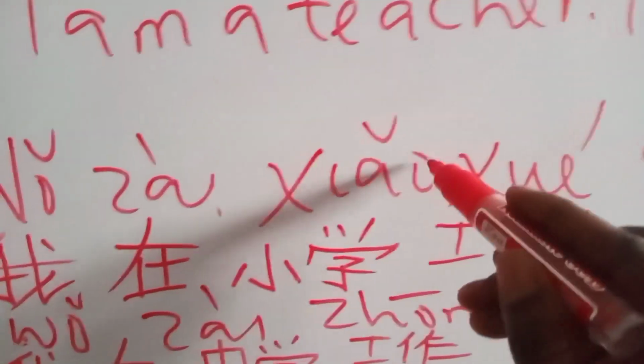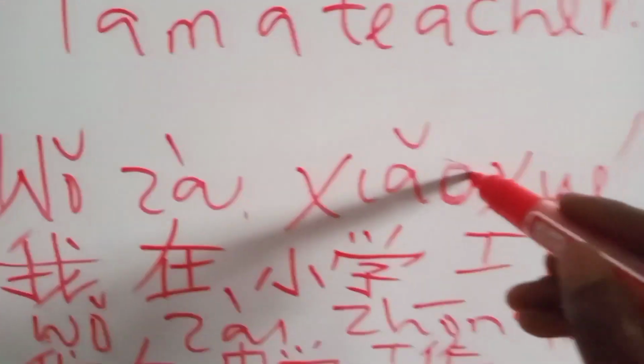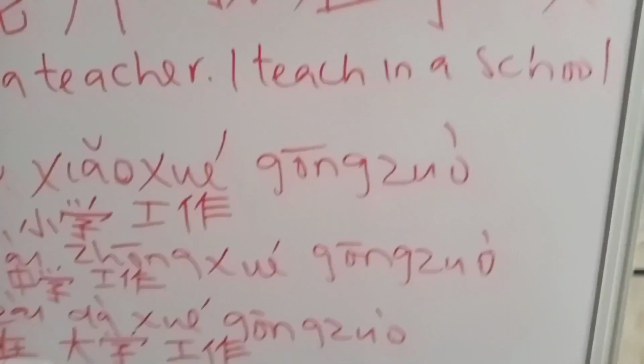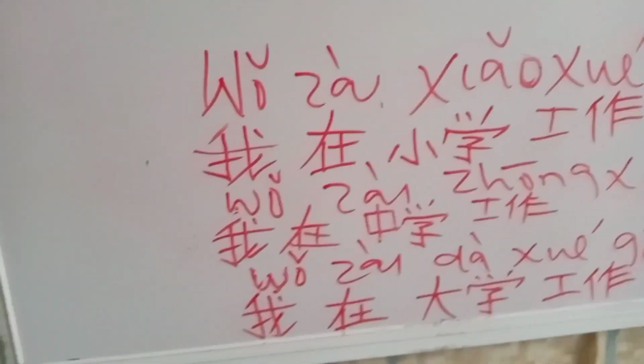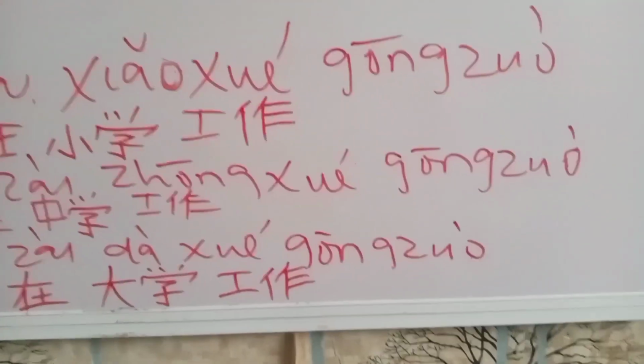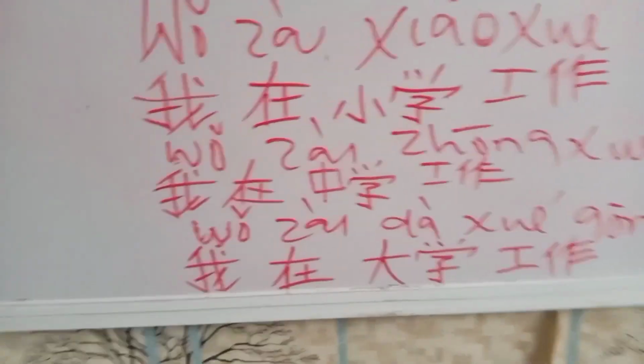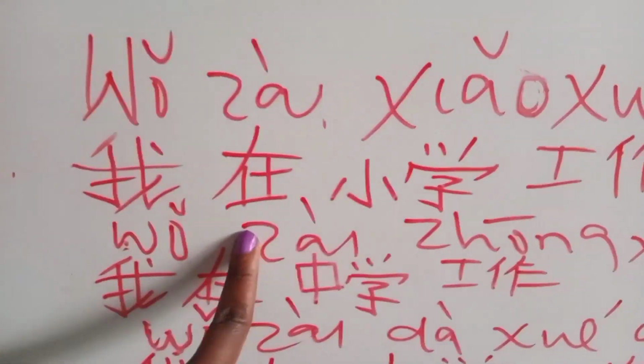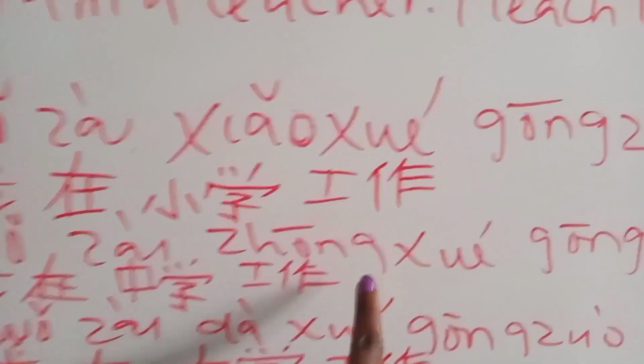So 小学 is small school, primary school. 小学工作 is work. Then 我在中学工作, I in or at secondary school work.